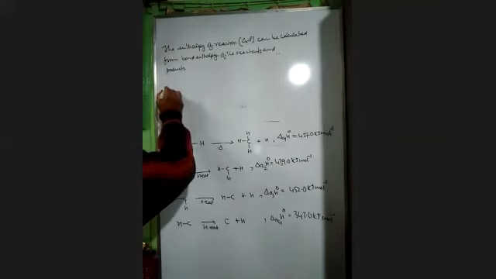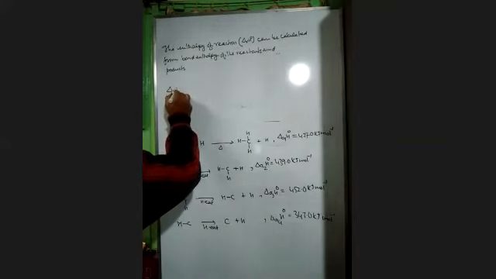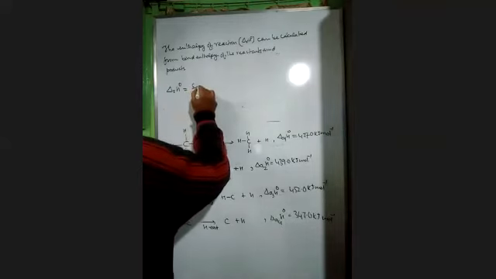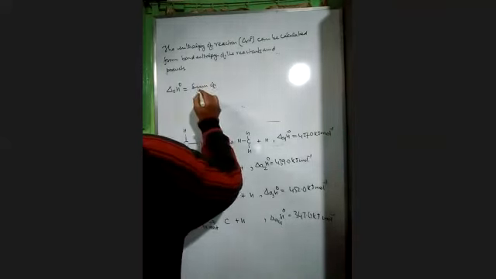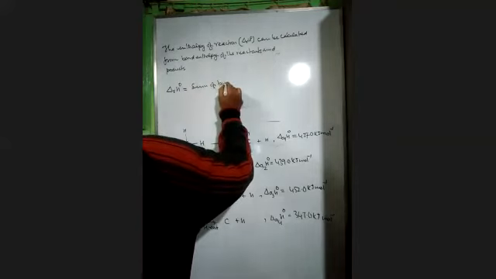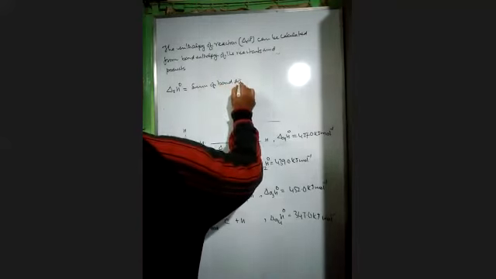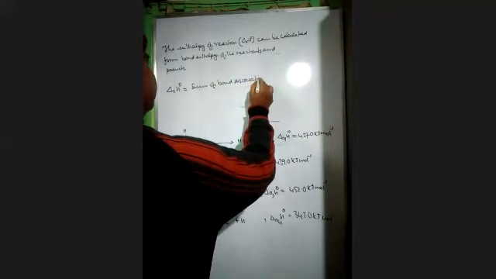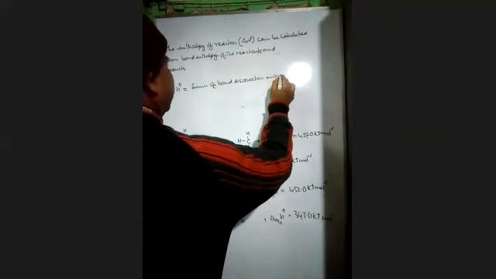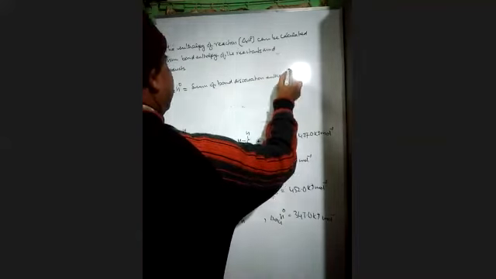It is delta R H0 is equal to sum of bond dissociation enthalpies. See, all the cases we have put products first minus reactant, but when you take bond dissociation enthalpy, you first take reactant.